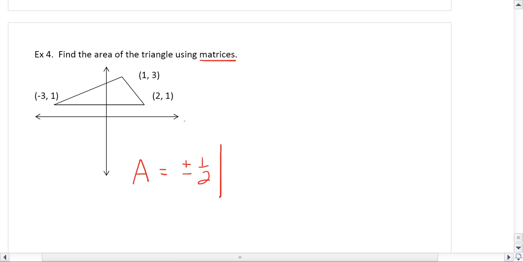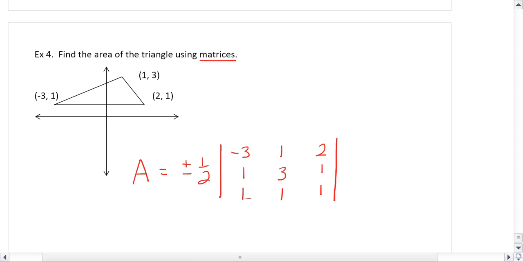So I'll just use this vertex first. I'll put in the x of -3, the y is 1, and remember this bottom row is just made of 1s. Then we can put in the 1, 3, xy, and again with the 1 on the bottom row, and then the 2, 1 vertex with the 1 on the bottom.